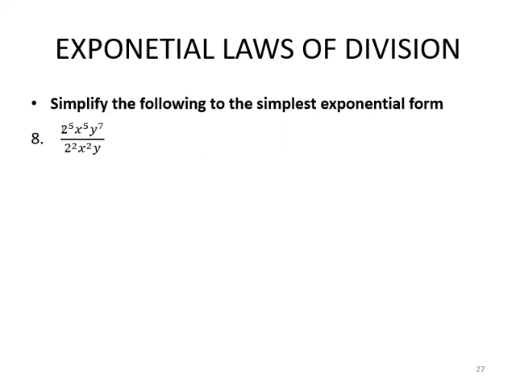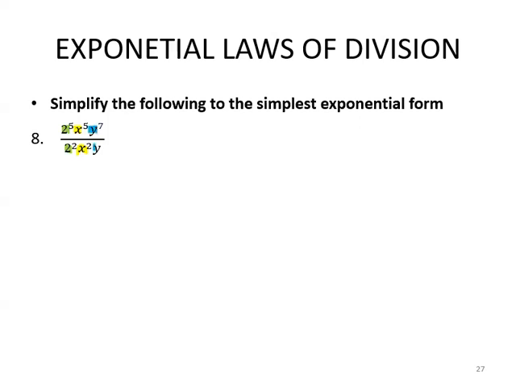I'm dividing bases that are the same. I'm going to write it as a single base, which is 2, and then I'm going to say 5 minus 2. It'll give me 2 to the exponent of 3. What about the x's? I have the bases that are divided that are the same, so I'll just take the 5 minus the 2, which is x to the exponent of 3. What about the y's?